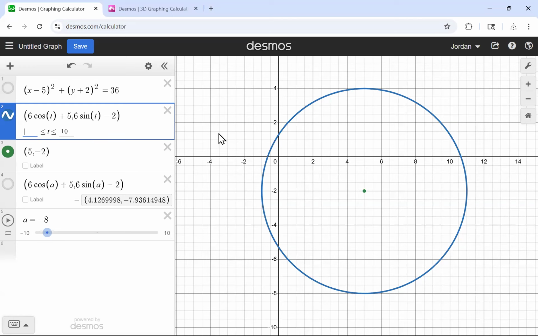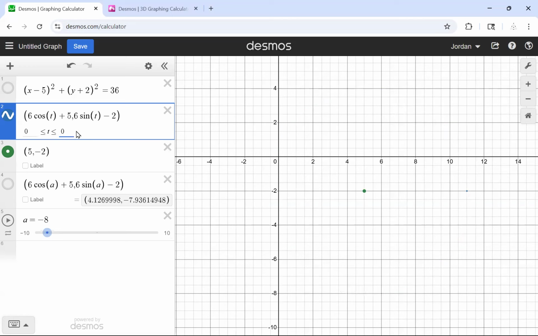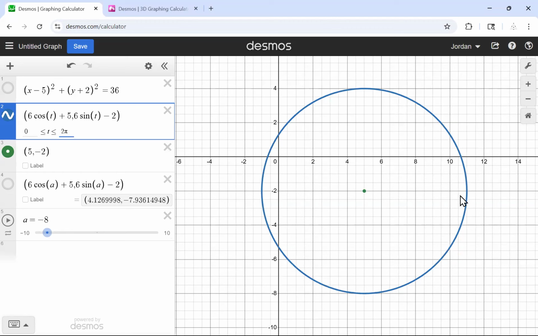Now, if I want to go around the circle one time, you can actually just go from 0 to 2 pi, and that will take you one loop around the circle. If I go from 0 to just pi, then I get the top half of the circle. Obviously, you can go from something like -10 to +10. That will give you multiple paths around the circle.